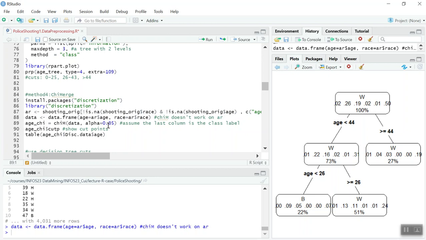One thing I also want to mention is that this is one example that shows that in data mining, when we use statistical methods, for example chi-square, chi-square is a parametric method that assumes a certain distribution, and chi-square does not work when your data cells have values less than 5.